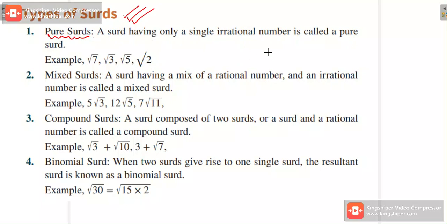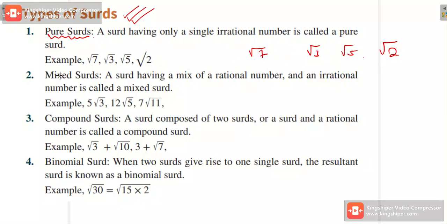So an example is root of 7, just a single set. Root of 3 is also a pure set. Root of 5 is a set, and root of 2 is also a set, and they are pure sets because no number is added to it or multiplied by it. So it makes it a pure set.